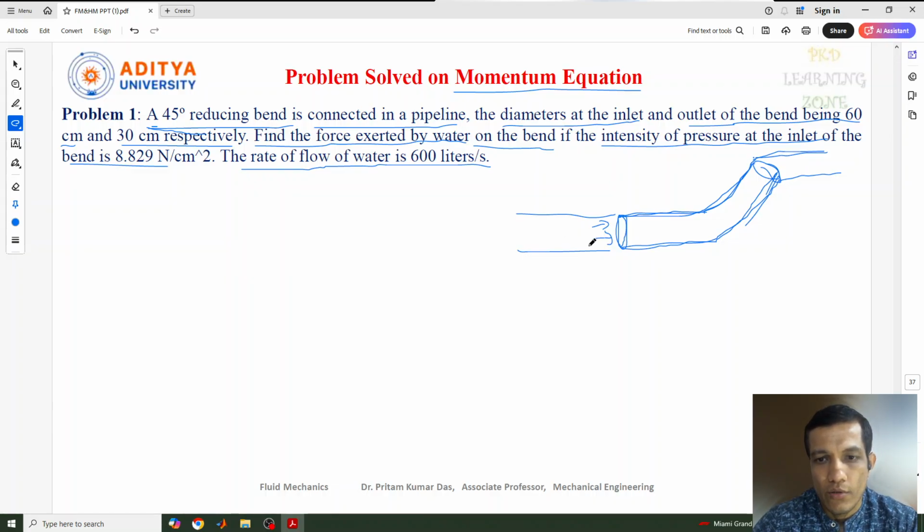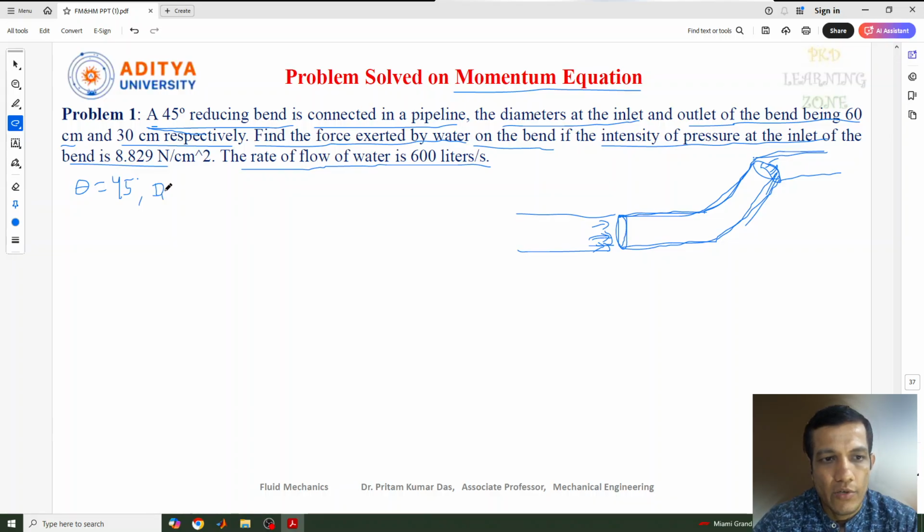As I told, there is a flow in this, and let's see what data are given. Theta is given as 45 degree, and the diameter of the inlet. I'm talking about the inlet. This is the inlet of the pipe, and this is the outlet of the pipe. Now the inlet diameter is given, that is D1.